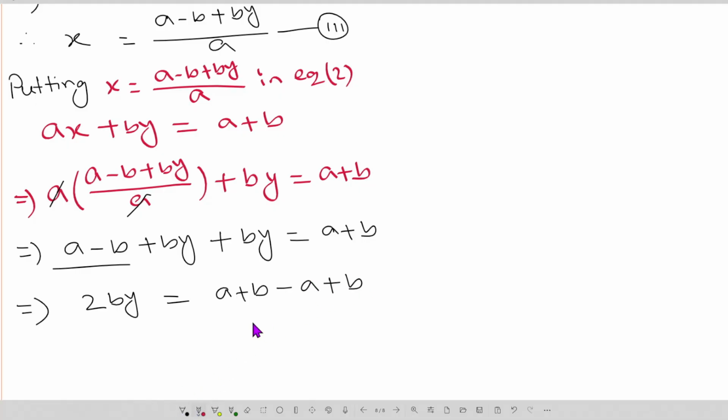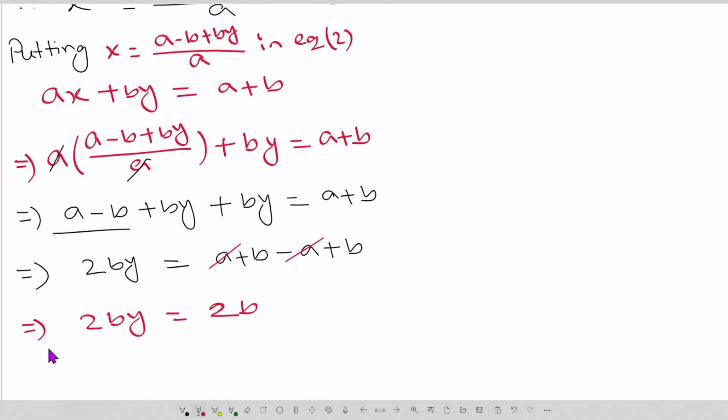So we get plus a and minus a out, so 2by equals 2b. Now we can divide both sides by 2b, so y equals 1, right?